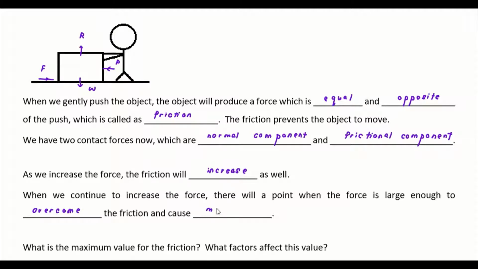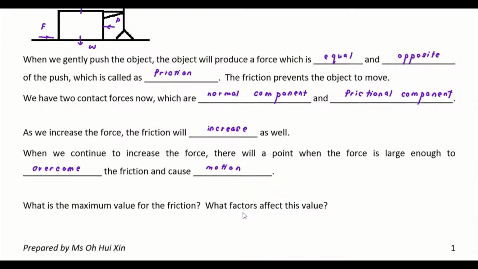Because if you imagine that the friction will always increase together with the force, then everything on this earth wouldn't be moving anymore, because the friction would keep on increasing and keep on opposing the push that we are trying to apply. So there will certainly be a point where you can actually move the object.